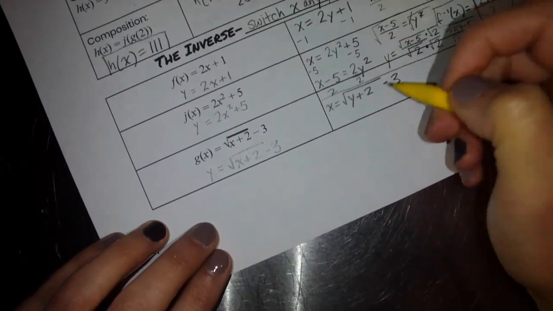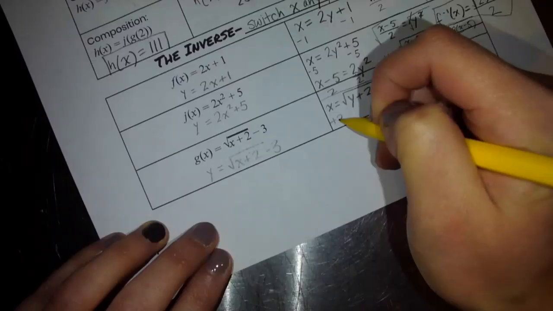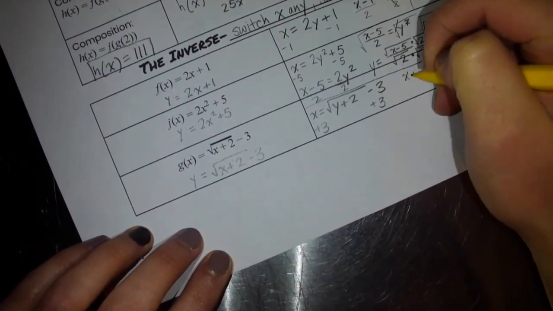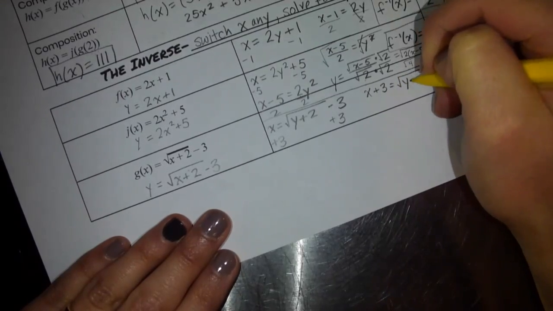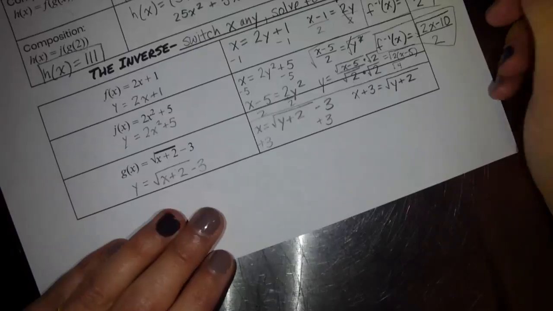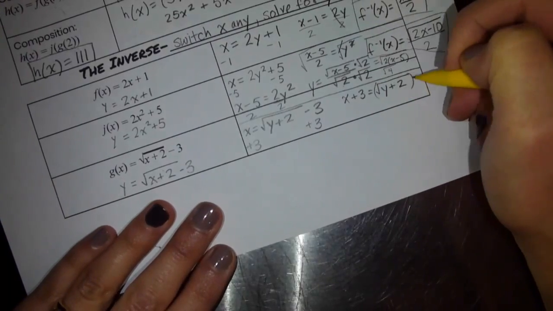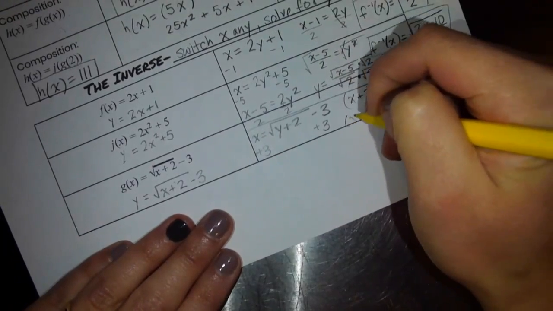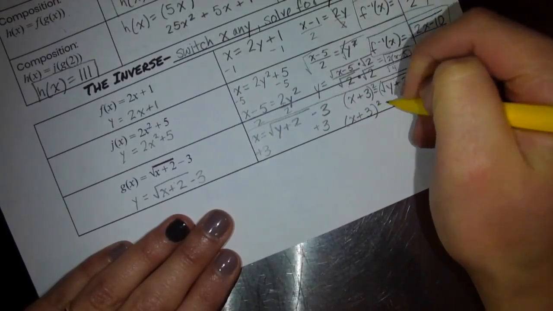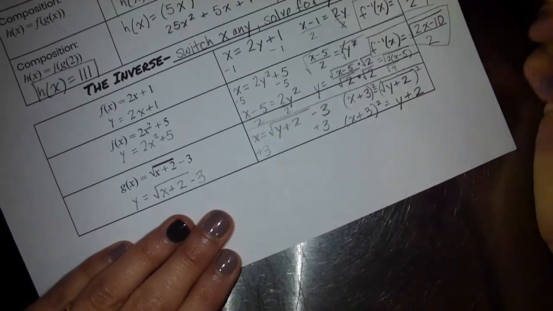Okay, so first I will add 3 to both sides. This is x plus 3 equals the square root of y plus 2. And then I'm going to square both sides. Okay, so this is x plus 3 squared equals y plus 2.